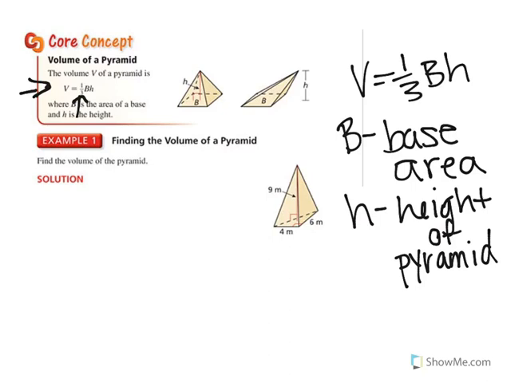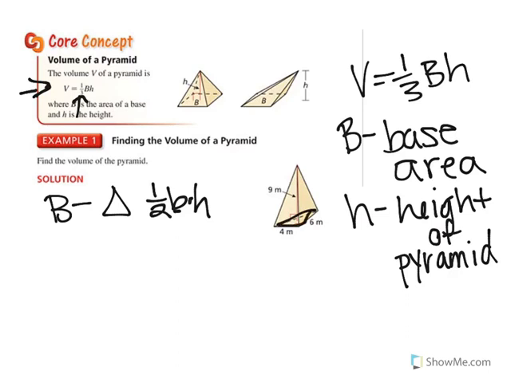Alright, so example 1, finding the volume of a pyramid. First thing we need to do is get our base area. We know that it's a triangle, and to get the area of a triangle, it's 1/2 little b times little h, the base of your triangle times the height of your triangle.